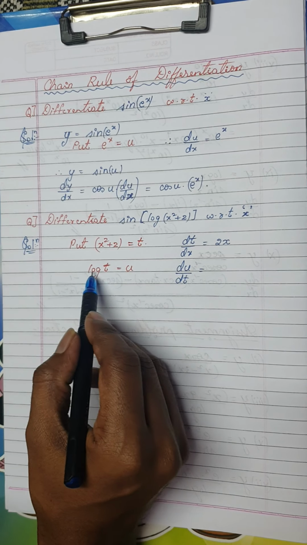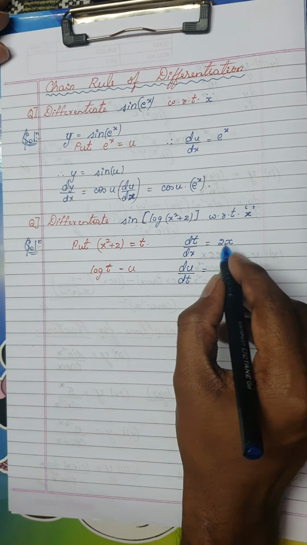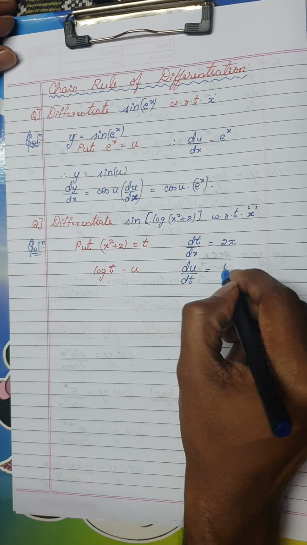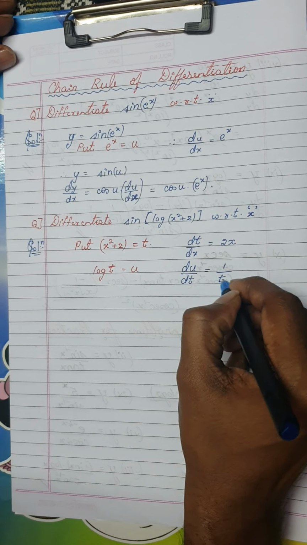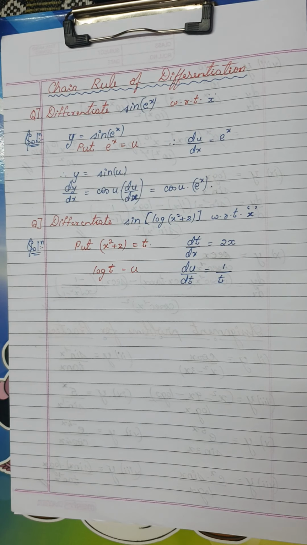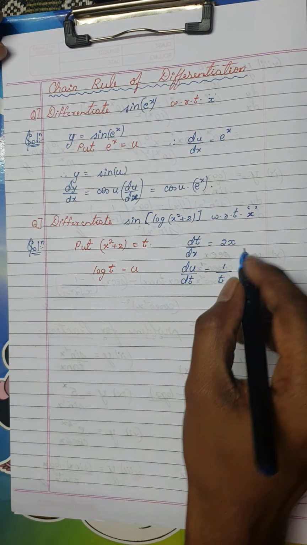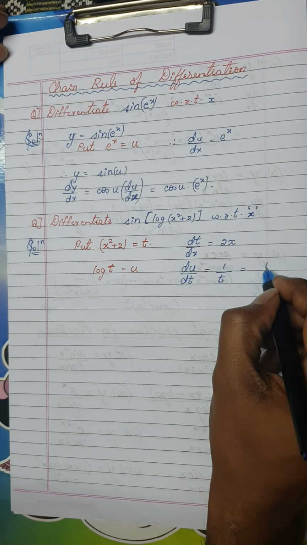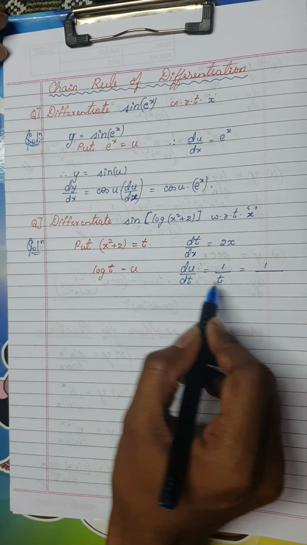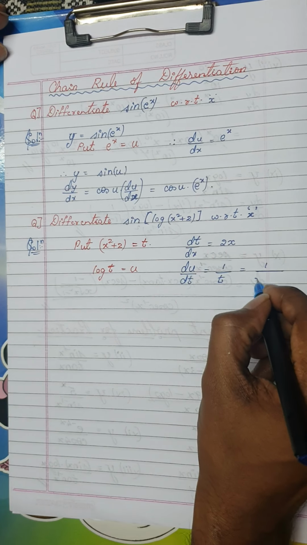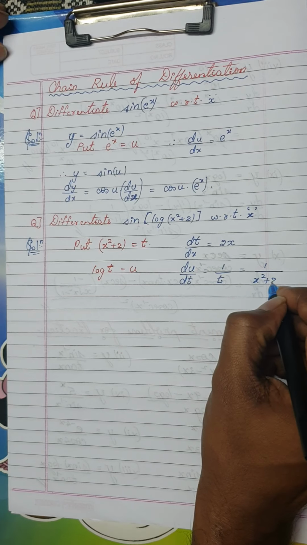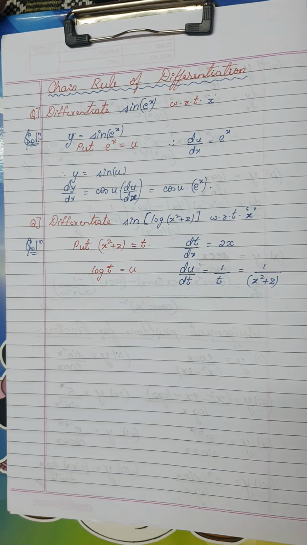What is the derivative of log t? We know the derivative of log t is 1 by t, isn't it? So this is 1 divided by, replace what t is back, that is x square plus 2.